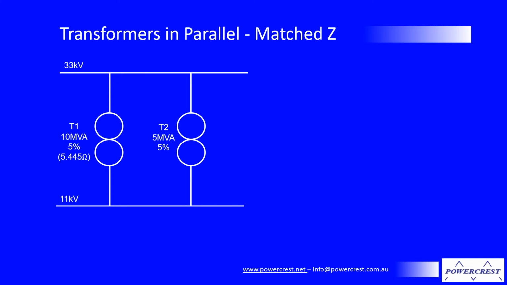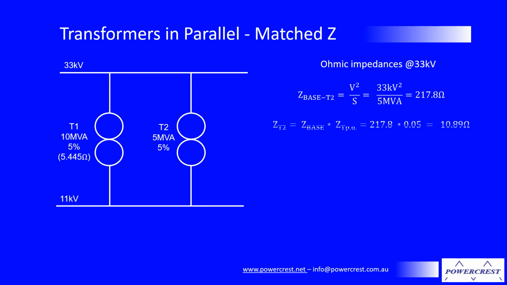Okay, so now let's consider a situation where T2 is 5 MVA, still 5%. Right, now let's look at the ohmic impedances. Well, for T2, Z base is now 217.8 ohms, and we can calculate that the ohmic impedance is therefore 10.89 ohms.